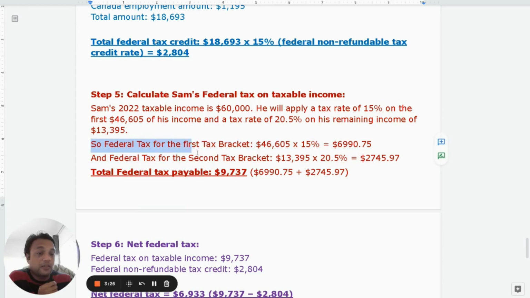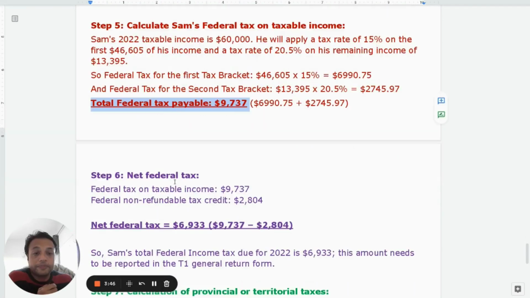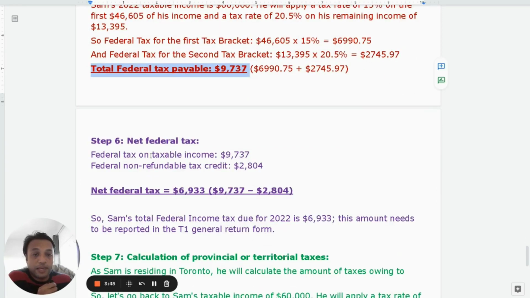So federal tax for the first tax bracket would be $6,990, and federal tax for the second tax bracket would be $2,745. So if we add both of these together, the total federal tax payable would be $9,737.